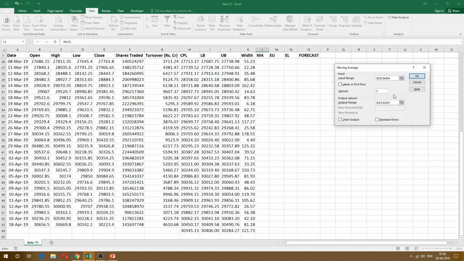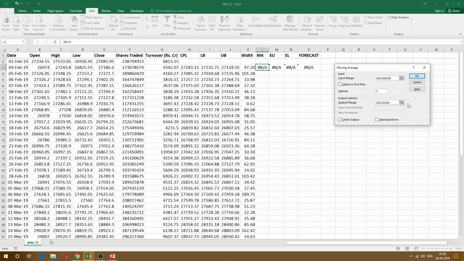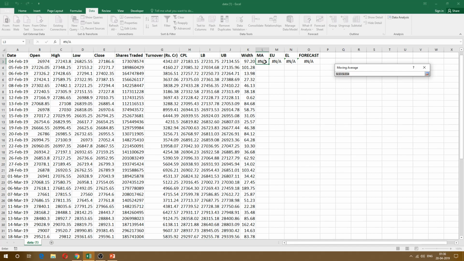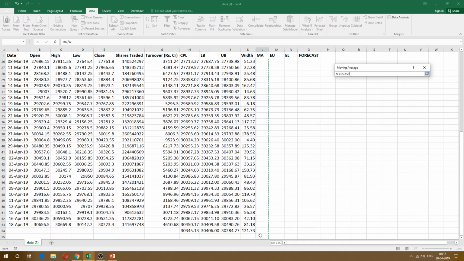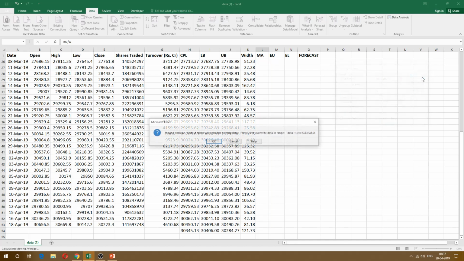Go back, interval is 5 period. Now we need to tell this moving average calculator where to store the output, right? So output range, again click on this button, scroll, since we have to skip this one because we don't have the previous data. So click from here, drag all the way down, go back, click OK.